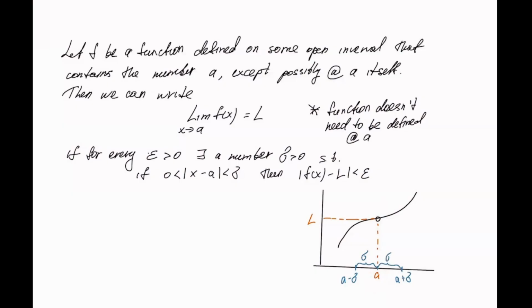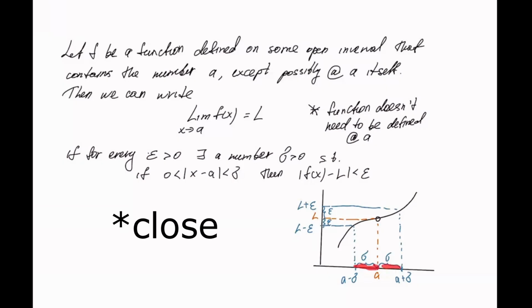So if we take a minus delta and a plus delta, we are guaranteed to land between L minus epsilon and L plus epsilon. This portion right here, that's going to be my epsilon. So no matter how far we are away from that a, there is always this distance epsilon away from L. So this is the intuition. Your solution would be within this range.